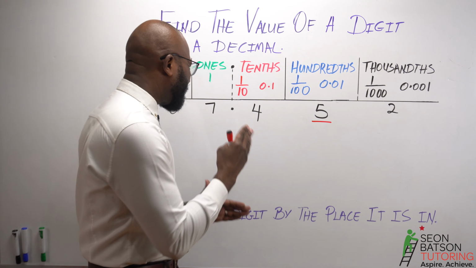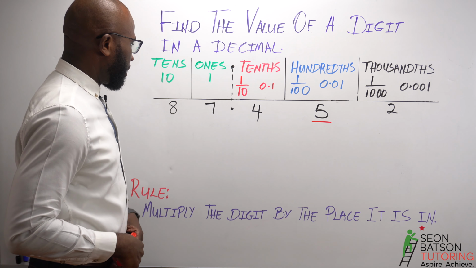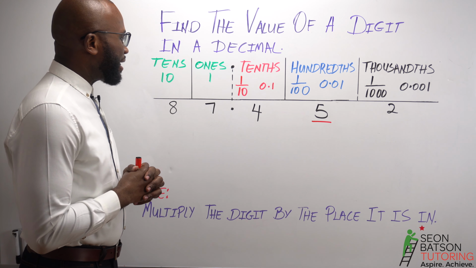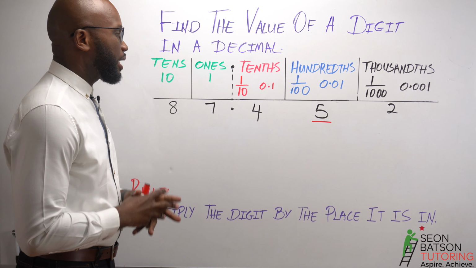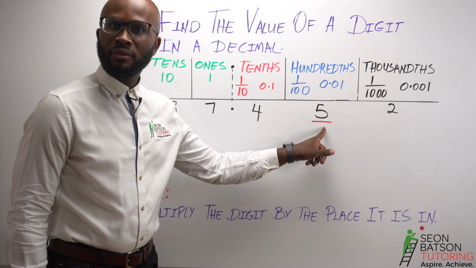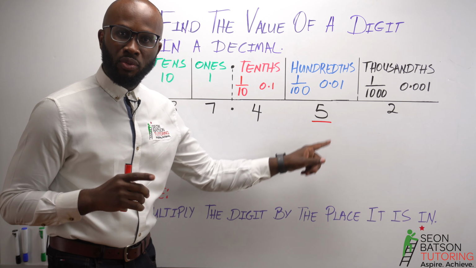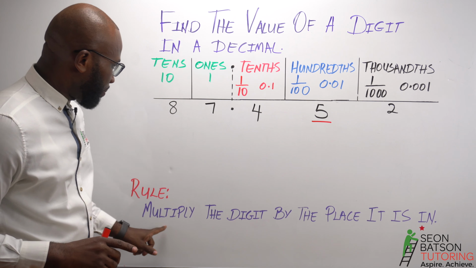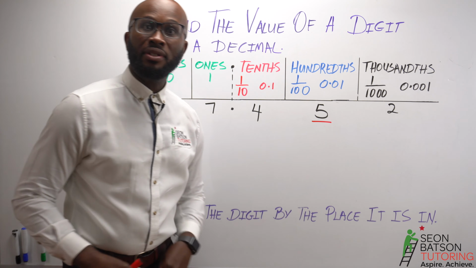All right, let's get the party going. For the first example here, we have 87 and 452 thousandths, and we would like to find the value of the 5. To find the value of the 5, the rule says you should multiply the 5 by the place this 5 is in.